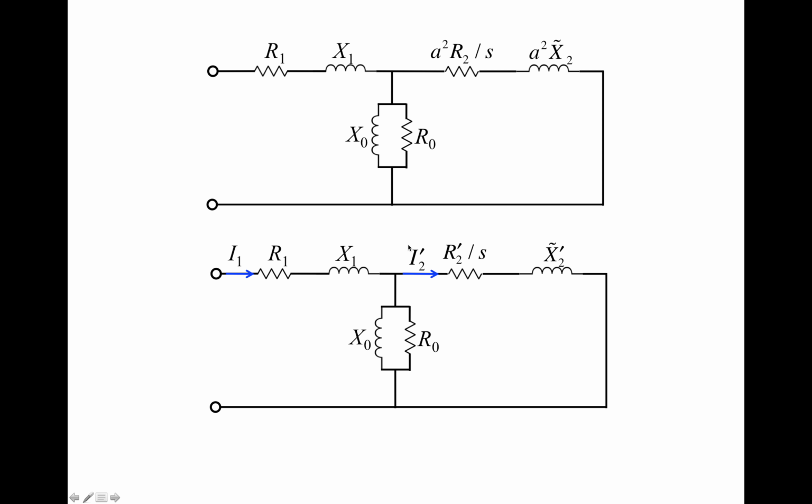So the power is I2 prime squared times R2 prime divided by S. That's the active power that's actually flowing through the air gap from the stator to the rotor. So the power that's dissipated by this particular resistor is the active power that goes across the air gap from the stator to the rotor, right?